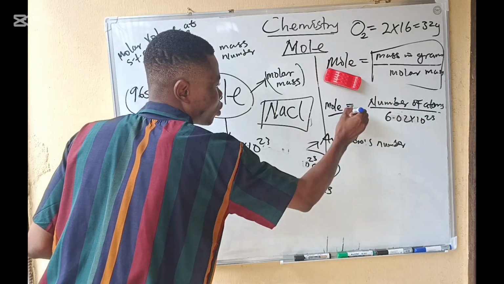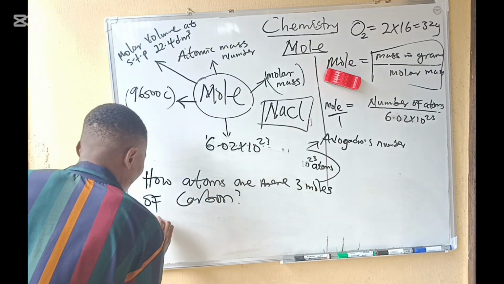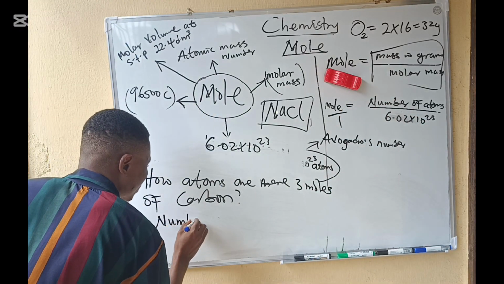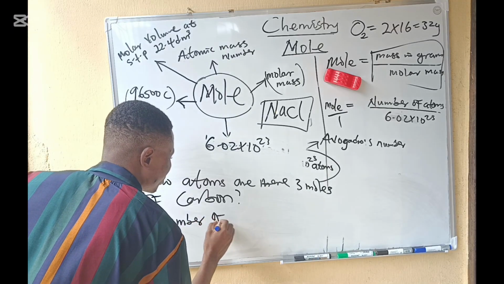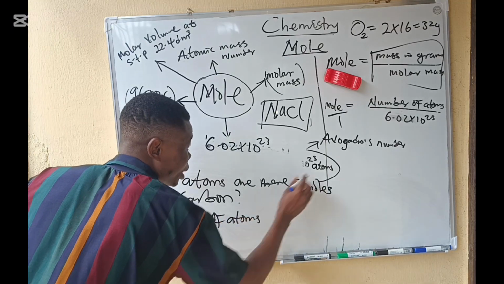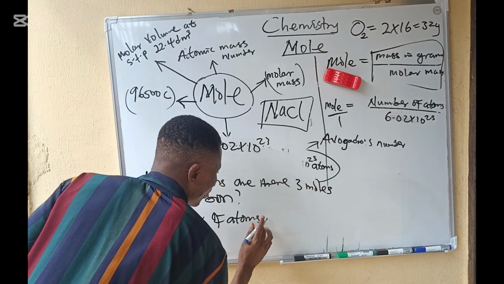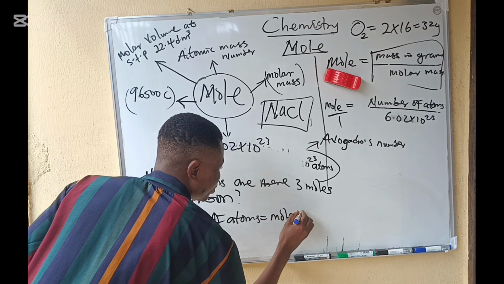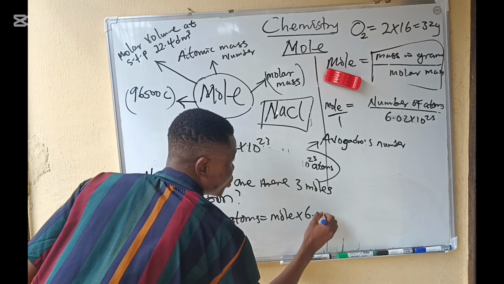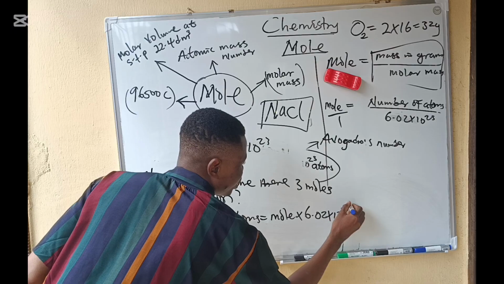From here, we can make this the subject. Number of atoms equals moles multiplied by 6.02 times 10 raised to power 23.